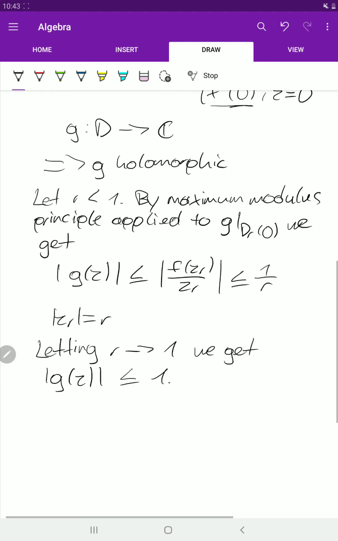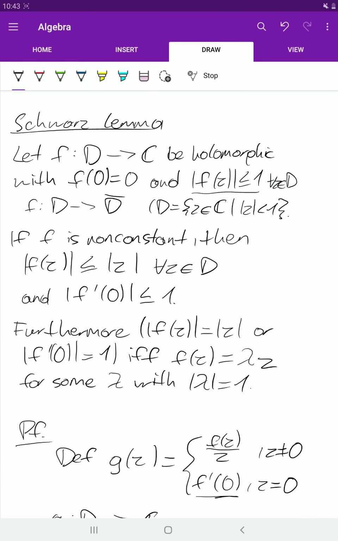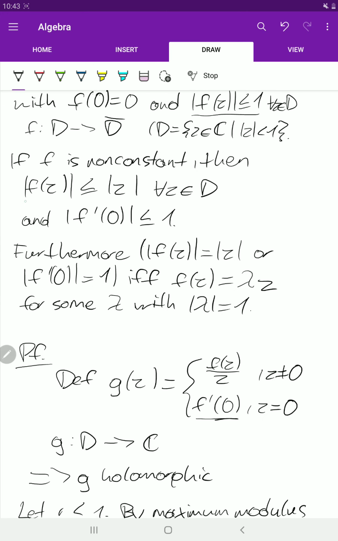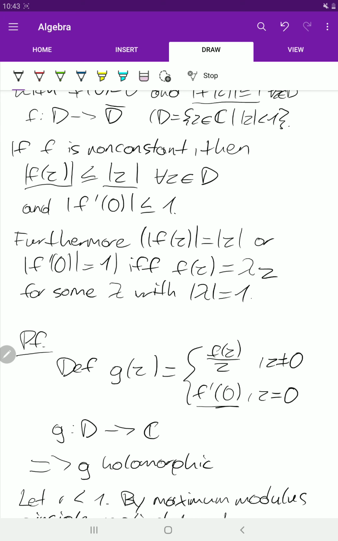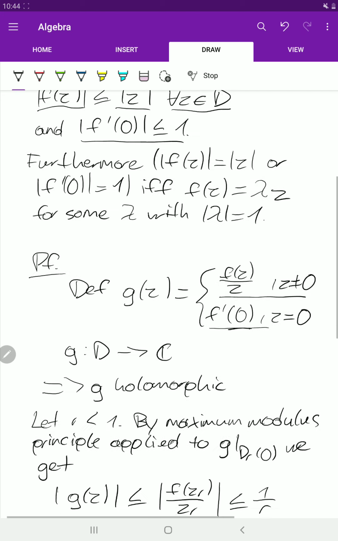And this proves the first two assertions, namely that the modulus of f of z is at most the modulus of z for all z in D. Well, at first we have it just for all non-zero, but by assumption f of 0 is 0. And here we have the other assertion.